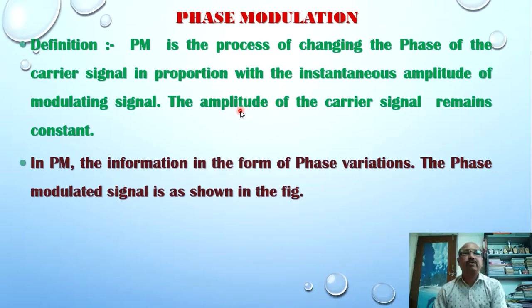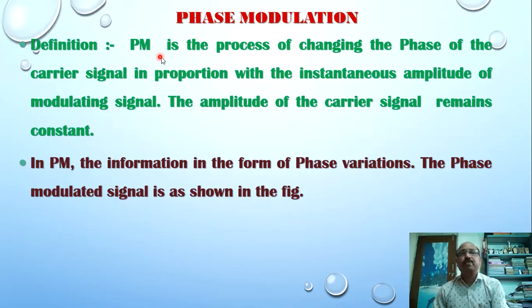So PM is the process of changing the phase of the carrier signal in proportion with the instantaneous amplitude of the modulating signal. So in case of phase modulation, it is similar to FM. FM सारखंच आपल्याला दिसतं, पण याच्यात फेज लॅगिंग आणि आपल्याला फेज चेंज झालेला दिसतो.